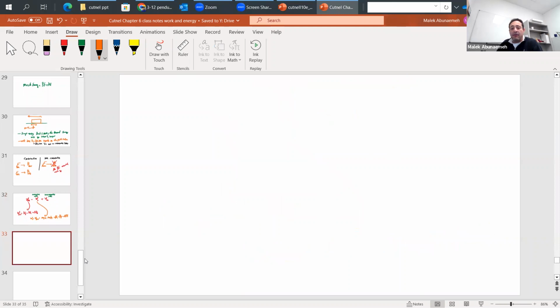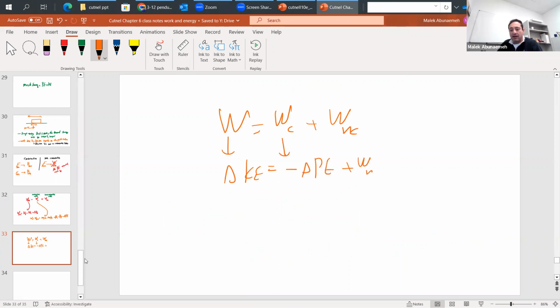So plugging that in, where your work equals your conservative work plus your non-conservative work, that means your delta KE, which we just defined, is going to equal minus the change in potential energy plus your non-conservative work.